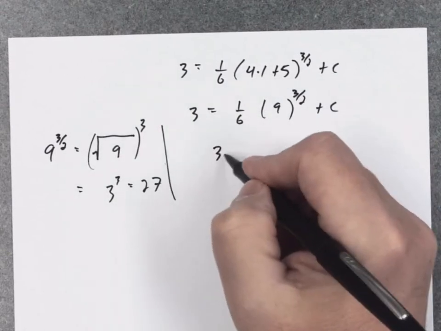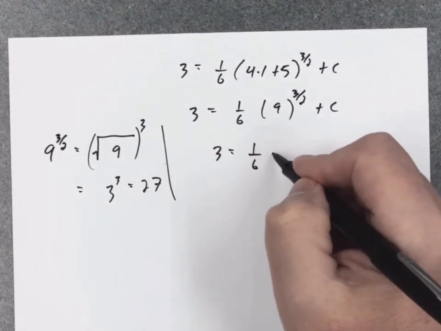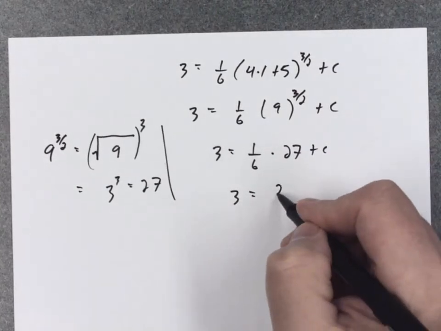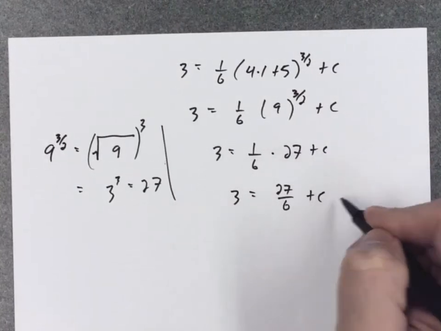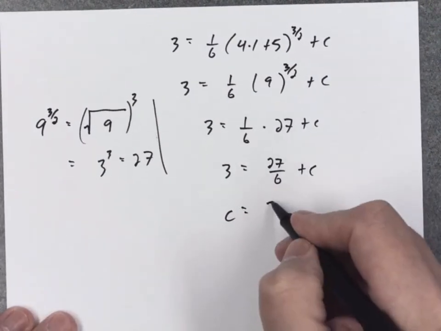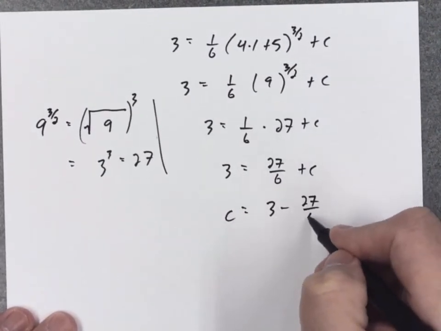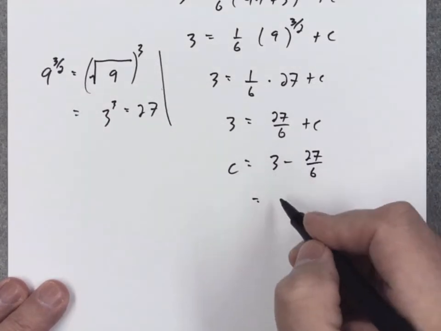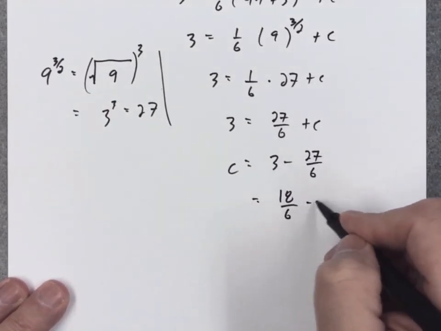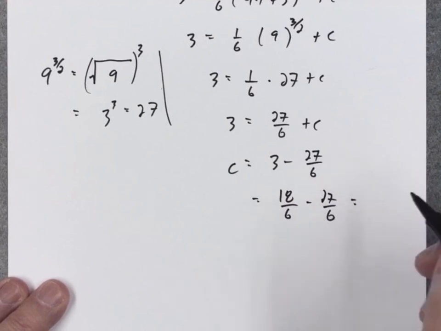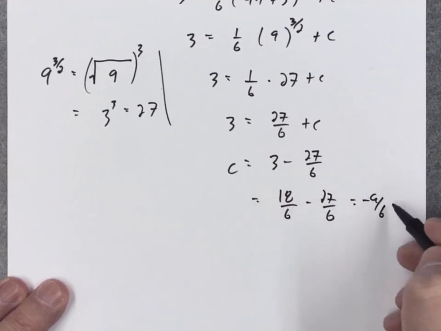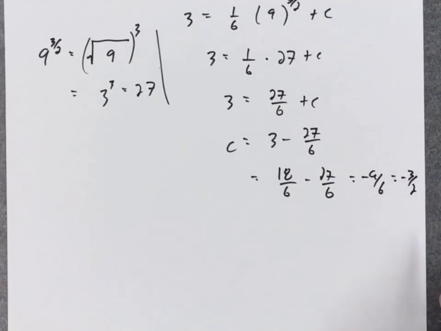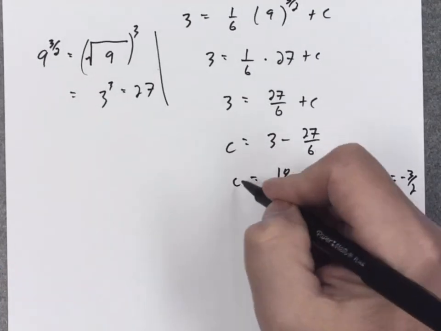So I have 3 equals 1 over 6 times 27 plus c. So this is like some algebra. C equals 3 minus 27 over 6. Get a common denominator. All of that to finally, that's what C is.